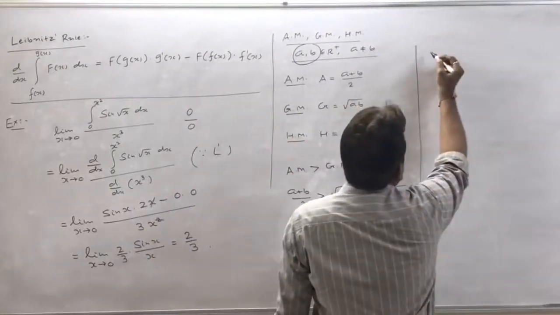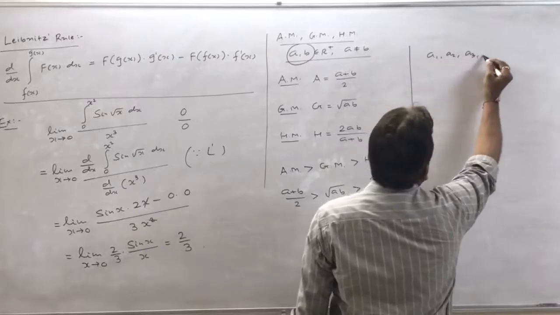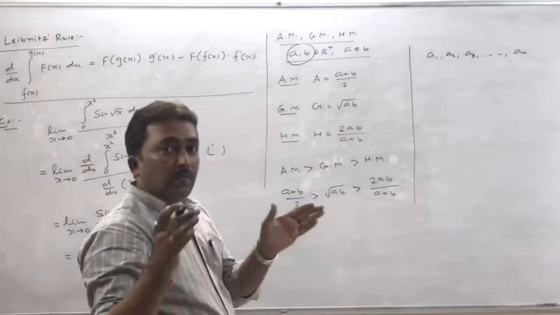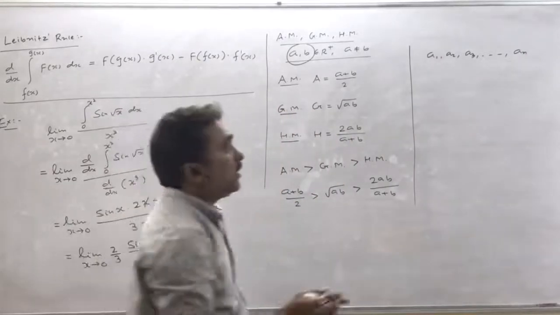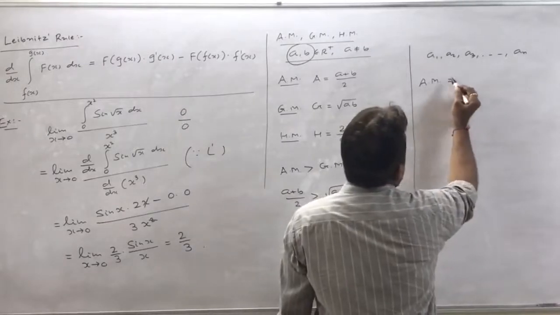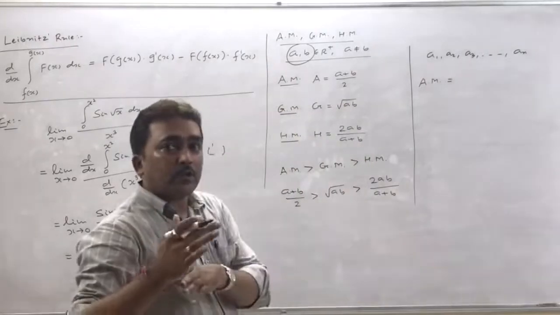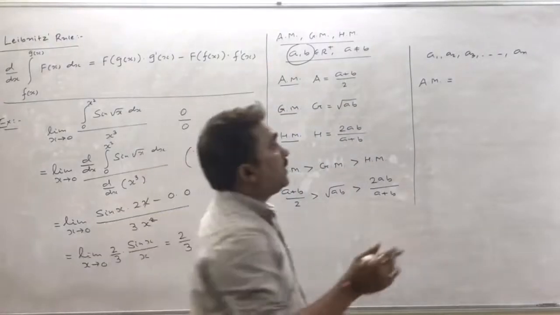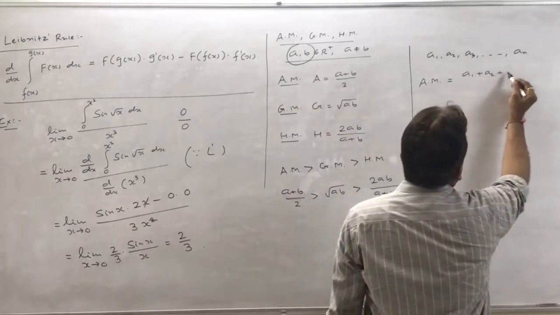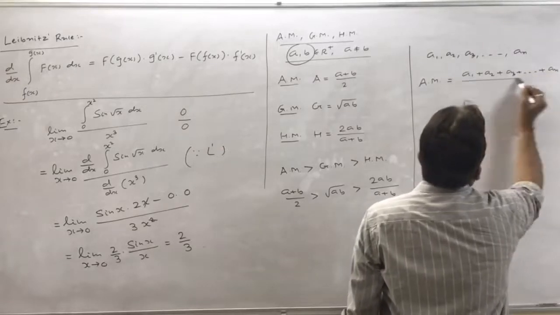And also remember one part. In general, A1, A2, A3 up to AN, n numbers are given. If we want to find the arithmetic mean of these n numbers, arithmetic mean is after all the average, and it is always A1 plus A2 plus A3 plus up to AN upon n.